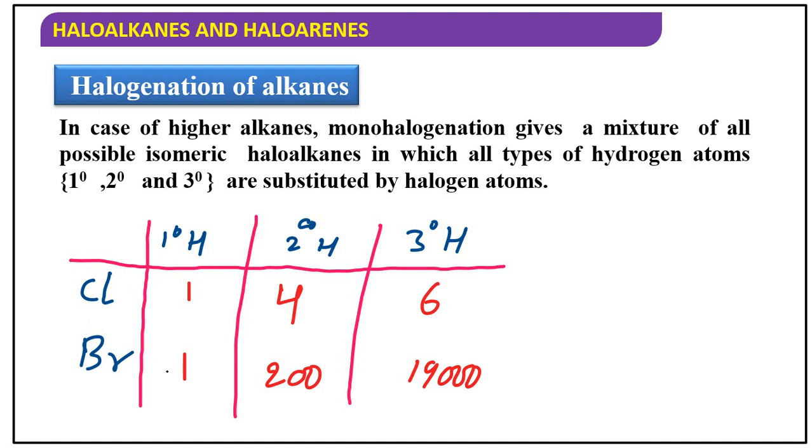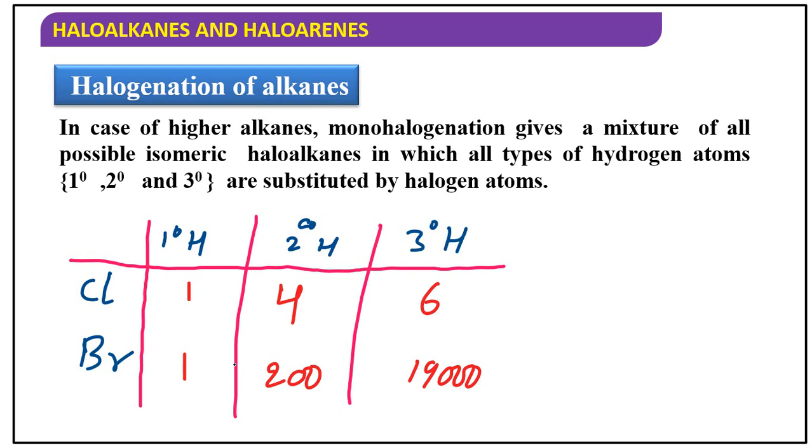But bromine is highly selective. For bromine, primary hydrogen reactivity is 1, secondary hydrogen is 200 times more, and tertiary is thousands of times higher. So why is bromine selective? Because first of all its reactivity is less.